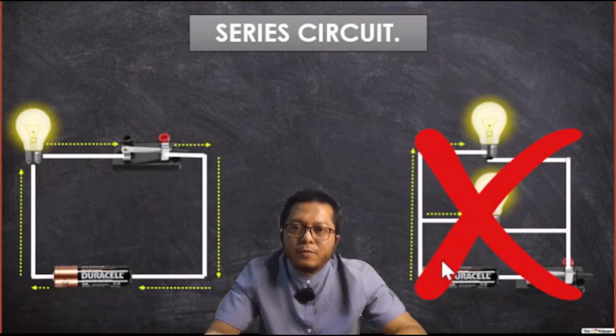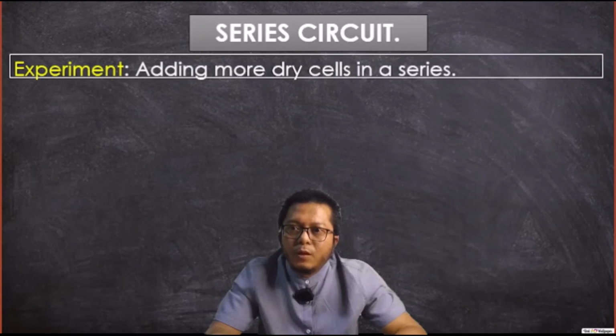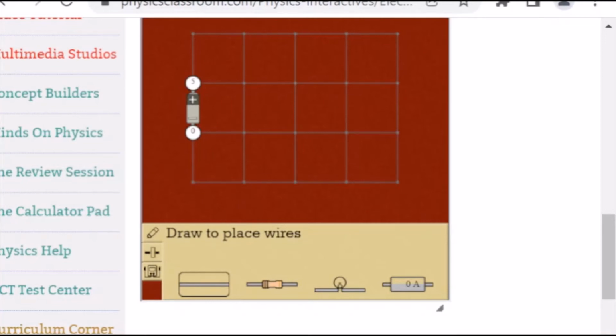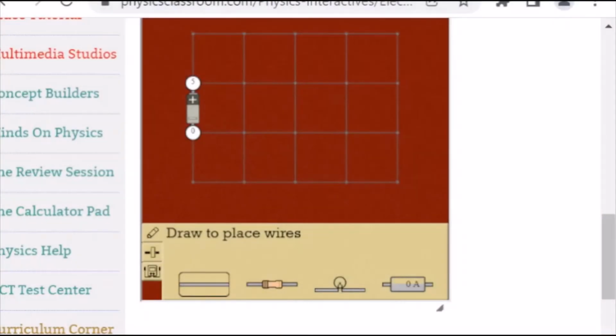Okay, next experiment, adding more dry cells in a series. Now let's take a look at this experiment. It says adding more dry cells in a series. So the first thing, we make a series.